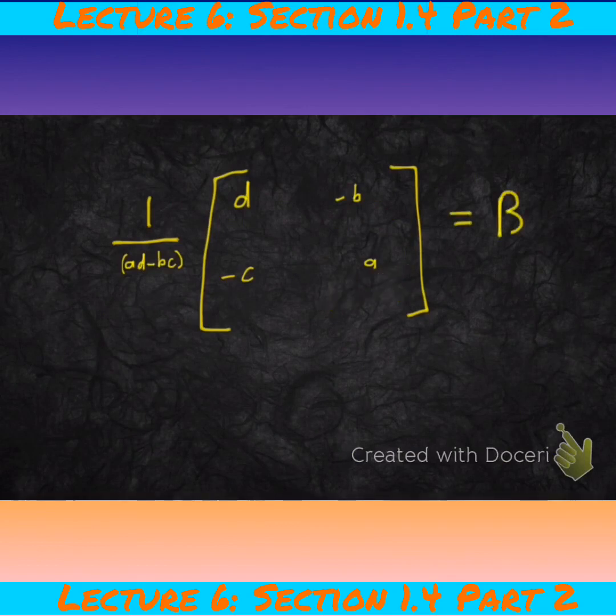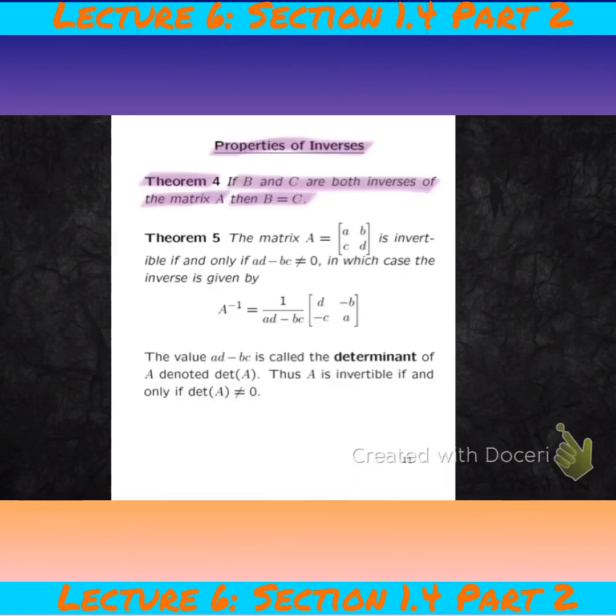So that is my inverse of A. Okay, so that brings us to Theorem 5. A matrix A is invertible if and only if AD minus BC is not 0, in which case the inverse is given by that there.